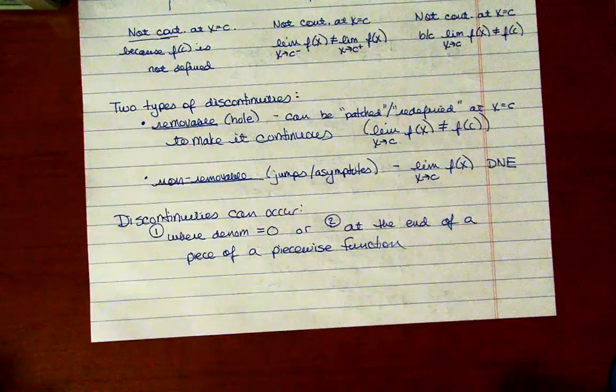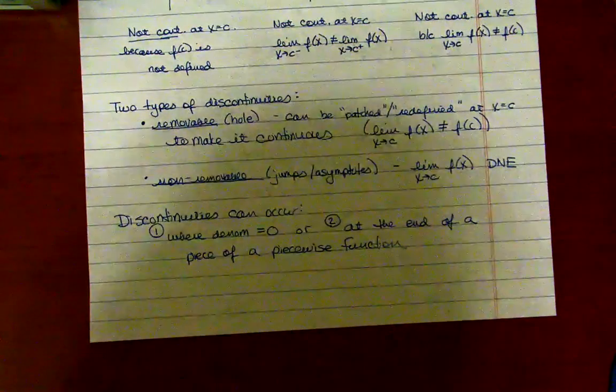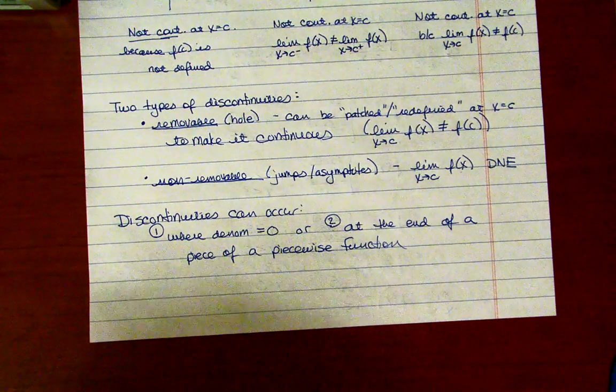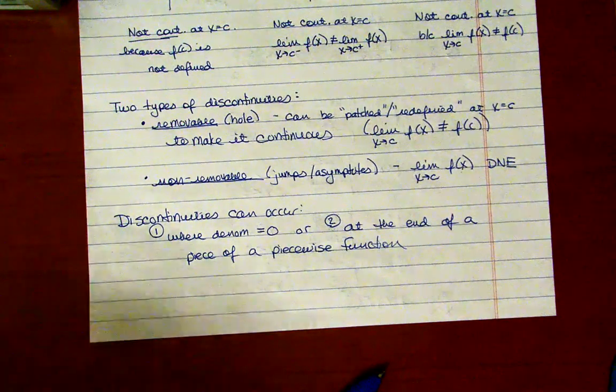And in the next video, maybe the next two videos, I haven't decided how I'm going to break it up yet, we're going to take a look at these two cases and try to find specific discontinuities by looking at the formula.